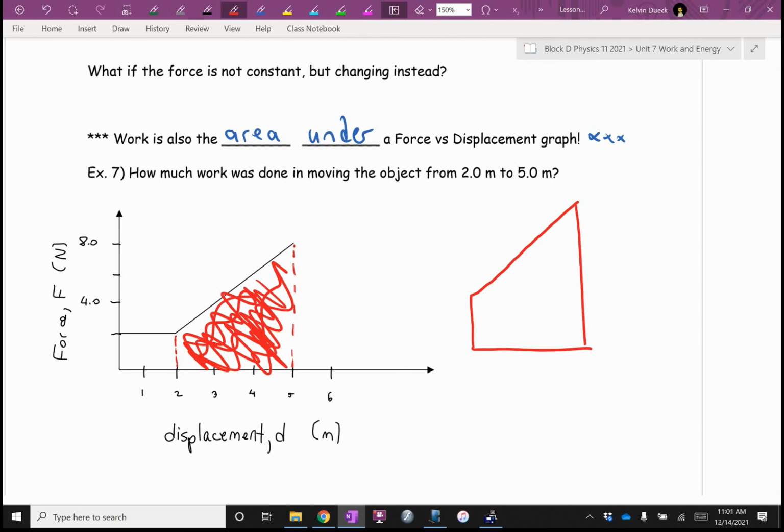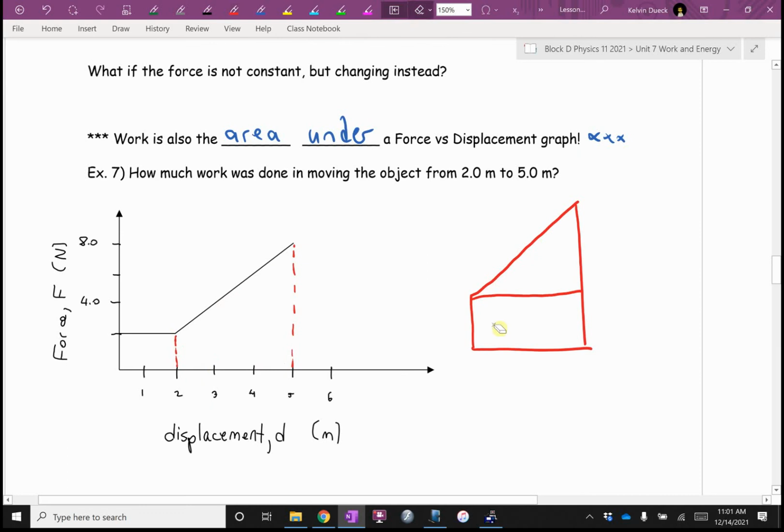We don't teach it, and the reason is it's redundant. You don't need it because any trapezoid ever drawn under a graph can be broken into a triangle and a rectangle. And those you have seen area formulas for.